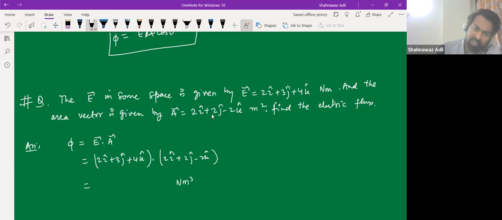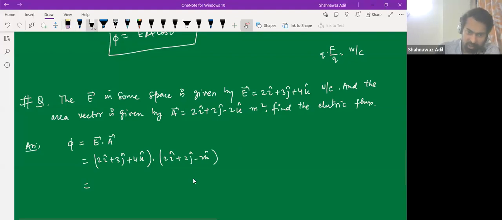Why did I write Newton meter? Electric field is F by q, so this is Newton per coulomb, so this would be Newton meter square per coulomb.